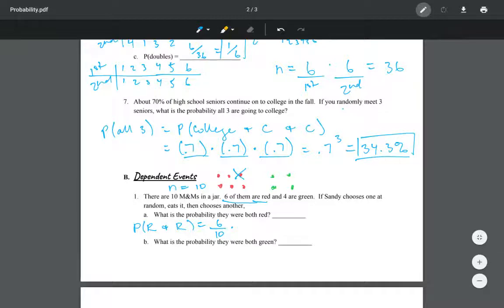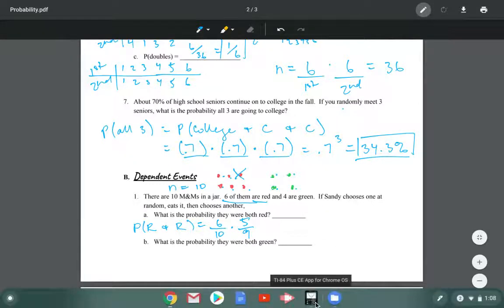If that one was favorable, if it was red, that leaves me with 1, 2, 3, 4, 5 left. But it also changed how many M&Ms I have left. I only have 1, 2, 3, 4, 5, 6, 7, 8, 9 M&Ms left. So I've got 6 over 10 times 5 over 9. Notice how I'm counting down. 6 goes to 5, 10 goes to 9.